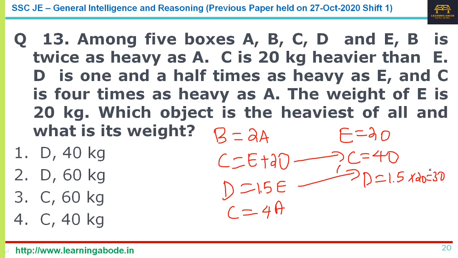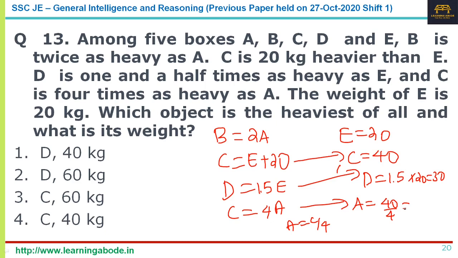In which case, if C is 4A, A would be C by 4, so that is 40 by 4. So A is equal to 10. And we know B is equal to 2A, so 2 into 10, 20.